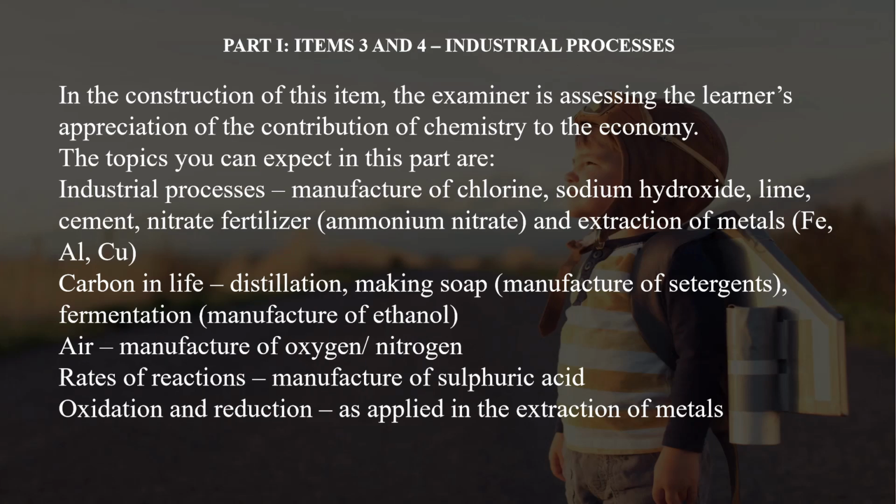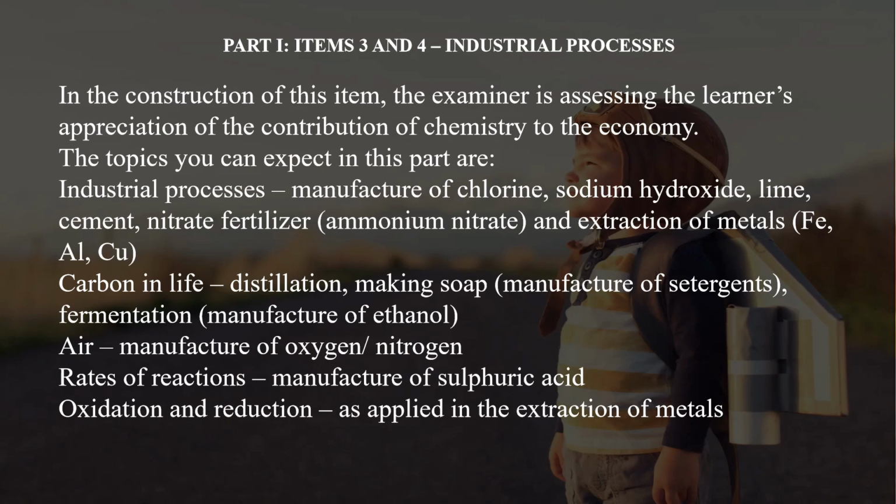That is in book 3, the first topic actually. Now under that topic, you will have distillation, manufacture of detergents or manufacture of soap. Then you'll have manufacture of ethanol or the fermentation process. Then you'll also have air as one of the topics that will be set under this.